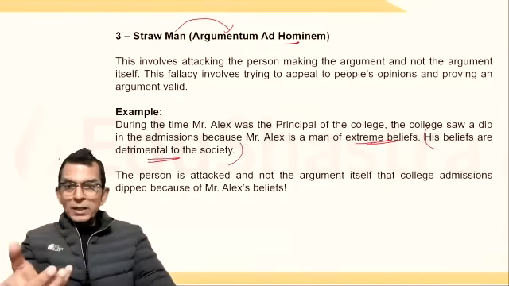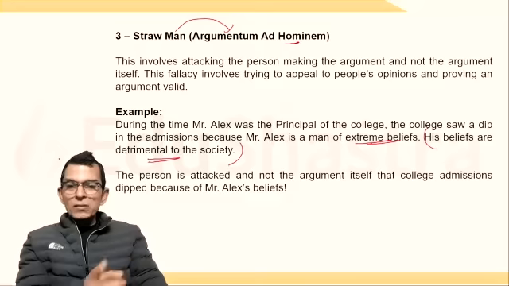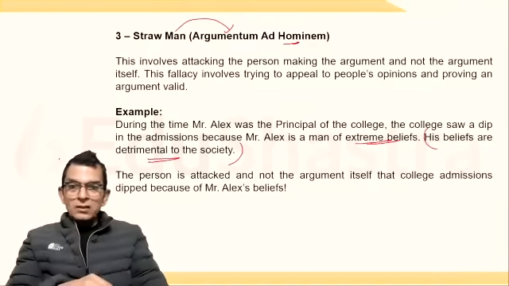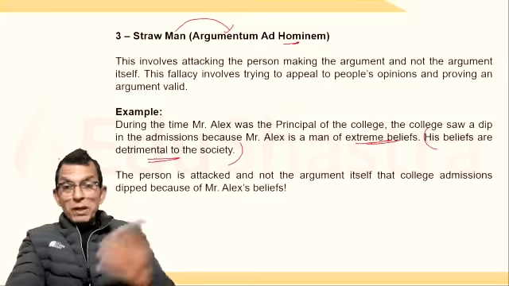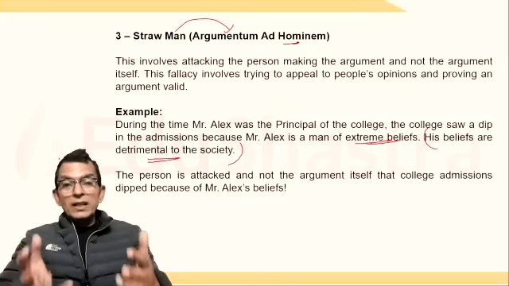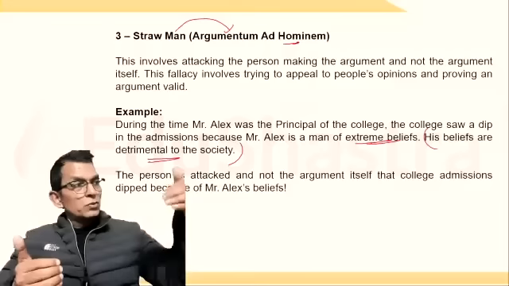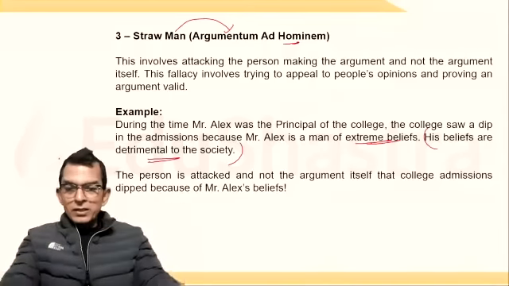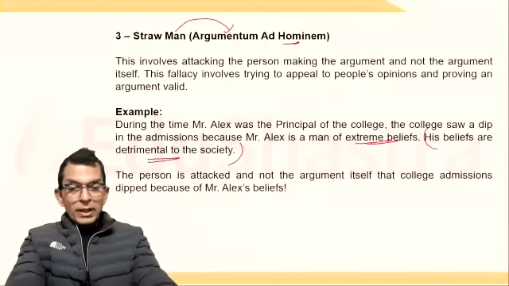The person is attacked and not the argument itself, that college admissions dipped because of Mr. Alex's beliefs. What I believe is why my business is suffering. Maybe, but until and unless you have the data to connect my belief to dipping admissions, you cannot arbitrarily say this. I am not saying that these things would necessarily be wrong.